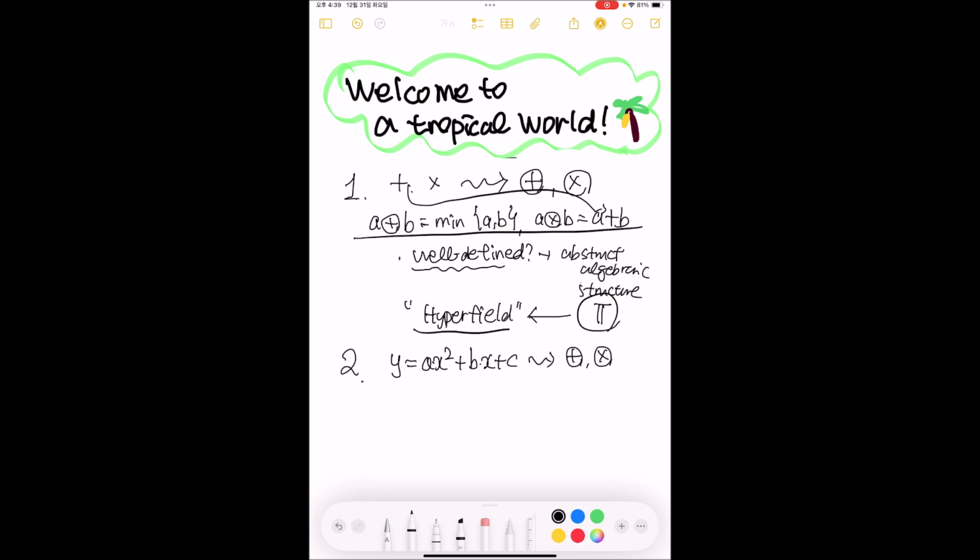The second lecture, I concentrate on the tropical curve. All sums and multiplications are replaced by tropical sum and multiplication. It extends from the real line to the plane, so-called T^2, from T to T^2.